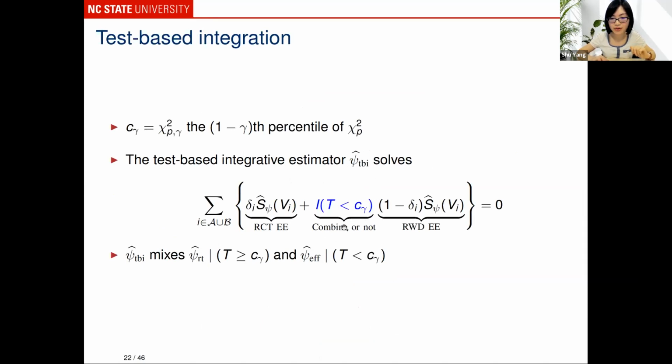This is kind of a hard thresholding. Softer thresholding can improve the hard thresholding estimator. But I will say it will not resolve the non-regularity of the TBI estimator. So yes, we can replace this and it can improve a little bit, but it cannot resolve the non-regularity of the TBI estimator.